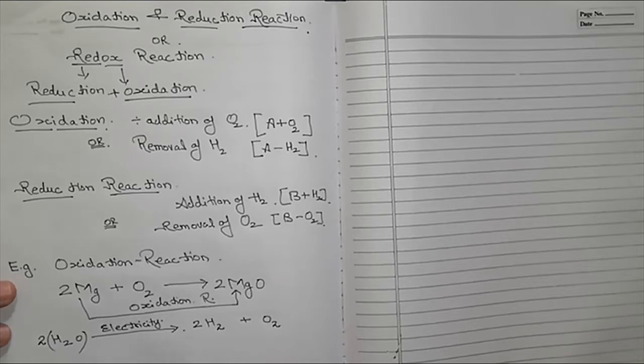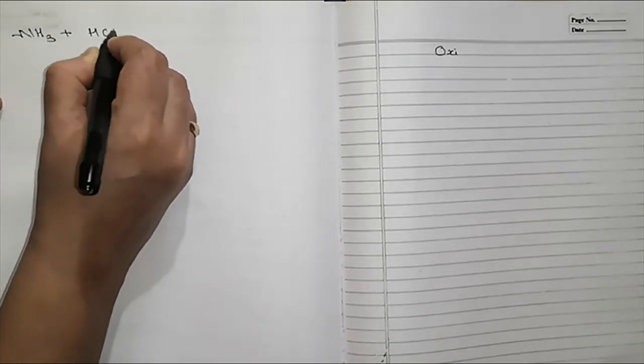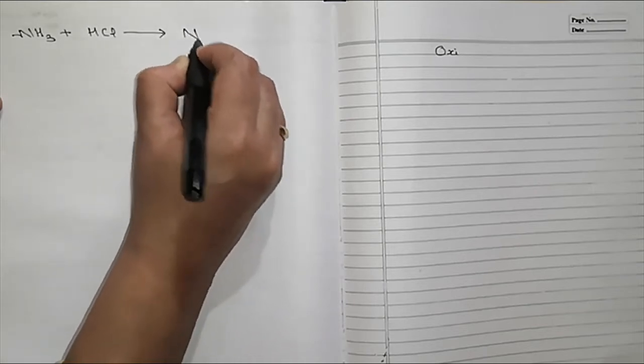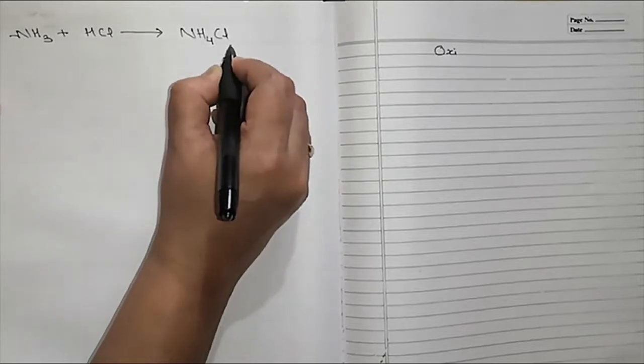Let's take one more example where there is a loss of hydrogen. Ammonia plus HCl, hydrochloric acid, gives NH4Cl, ammonium chloride.